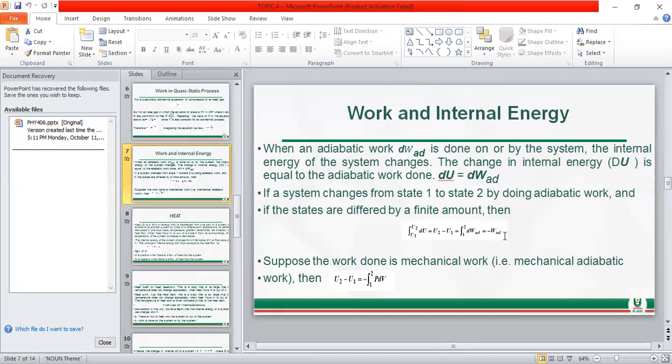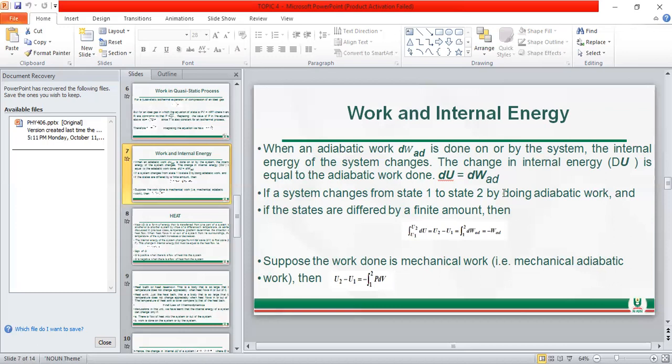So it's just the same thing. We're just trying to buttress what I've said: delta U equals W, the change in adiabatic work done.